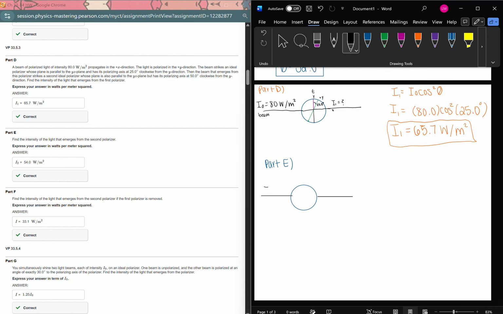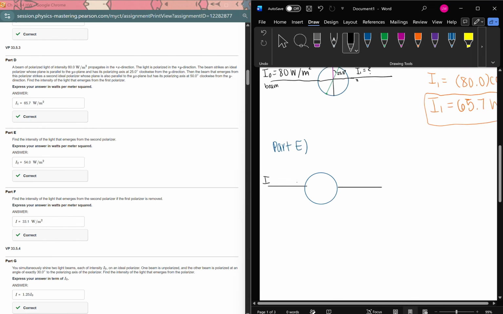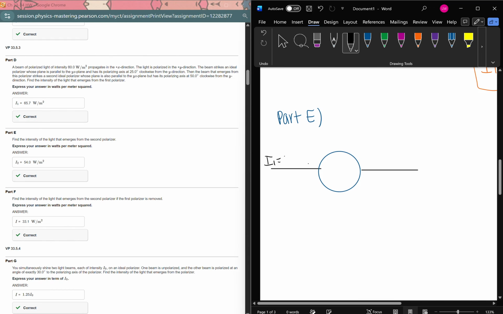So I want to go to 65.7 watts per meter squared. Okay, there you go. And we have to find this here, which is the intensity of the light that emerges from the second polarizer.